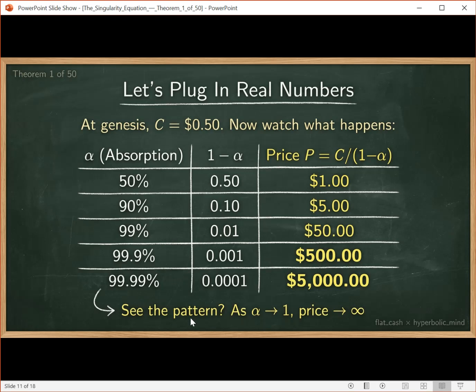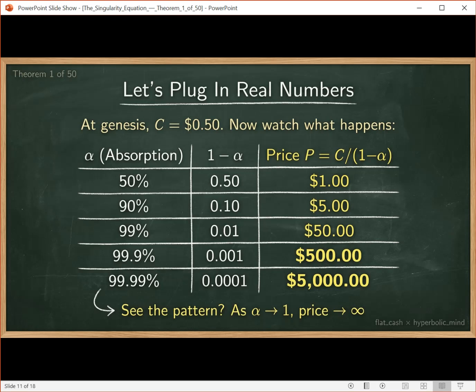So as time goes on, you notice that when the number goes up from 99% to 99.9%, which is just almost barely even 1%, look at the impact on the price, which is going from $50 to $500, a tenfold jump.